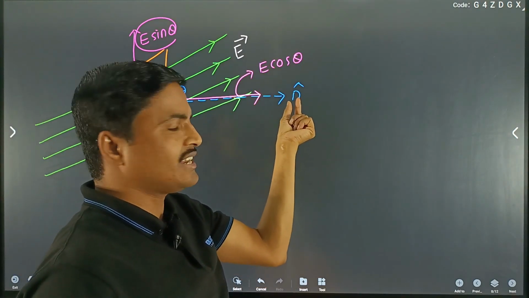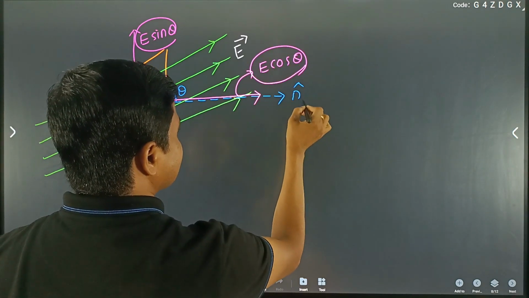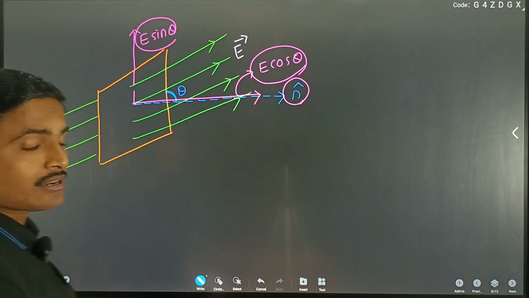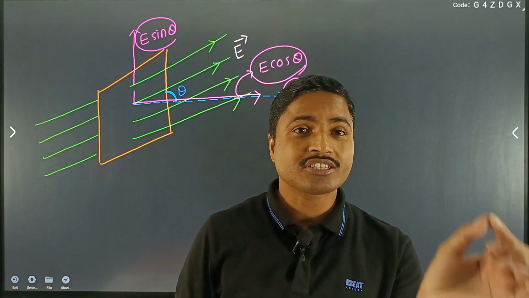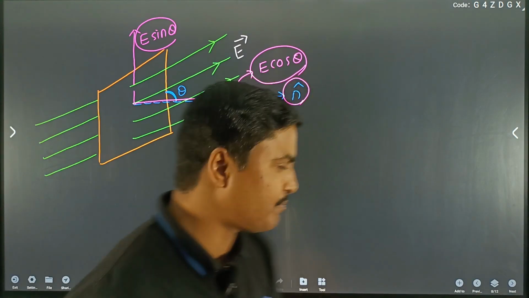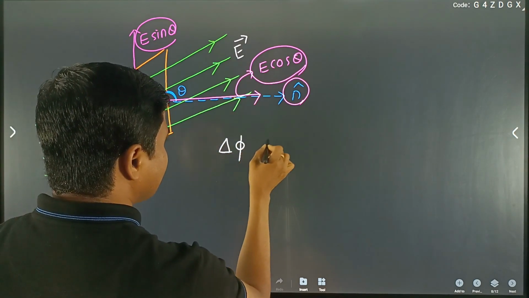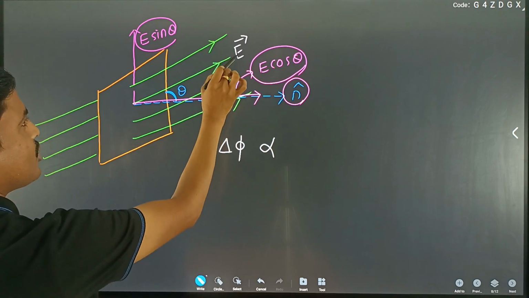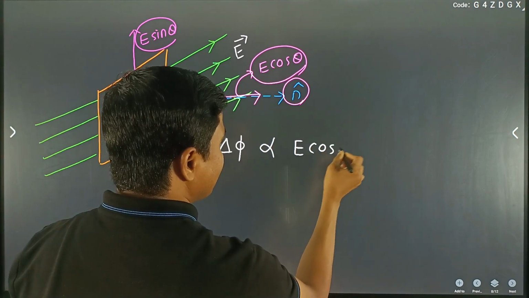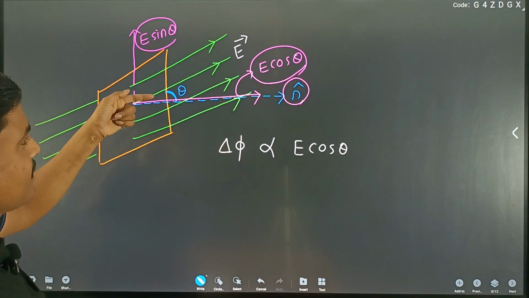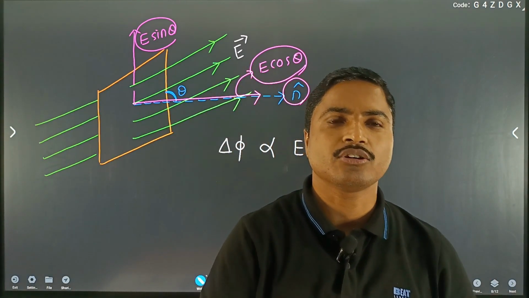E cos theta is along the direction of the area vector, so the total number of electric field lines crossing normally, that is electric flux, we write as del phi. Here del phi depends not on the electric field intensity, but on the component of electric field intensity in the same direction as the area vector, that is E cos theta.